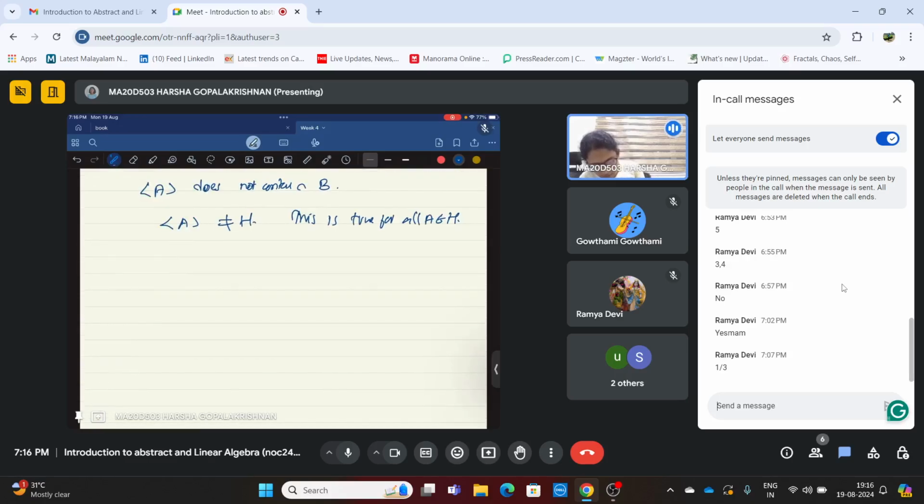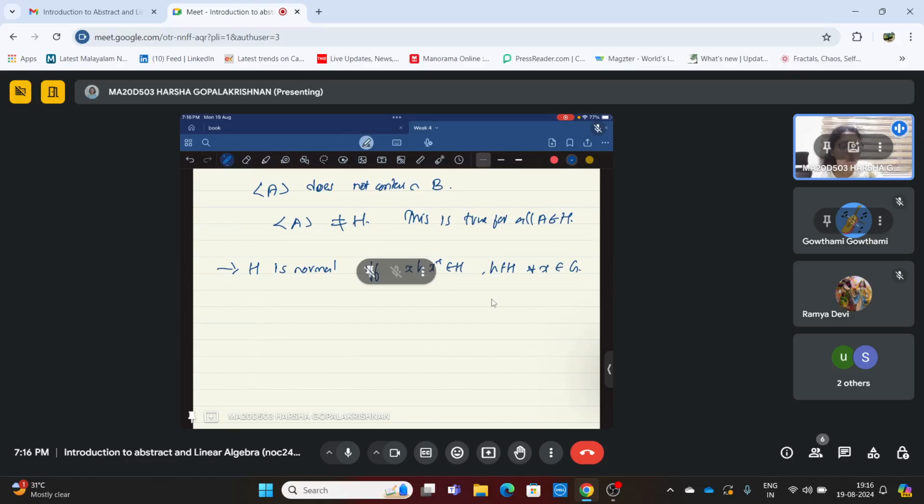So our condition is: H is normal if and only if xhx inverse belongs to H, for h in H and x in G. Okay, what is our G? G is the general linear group.